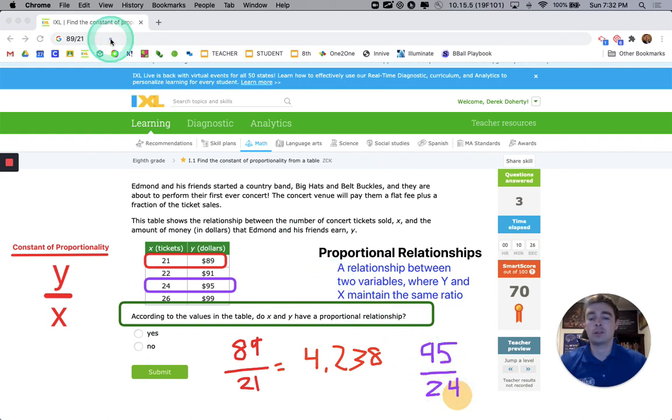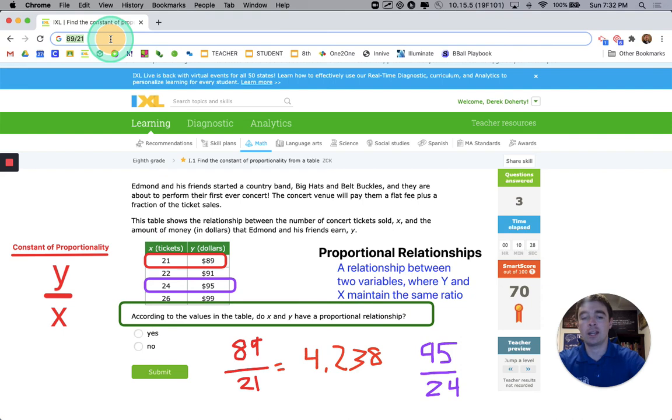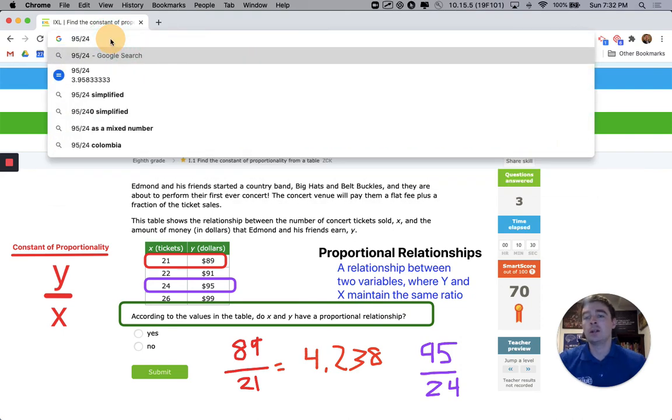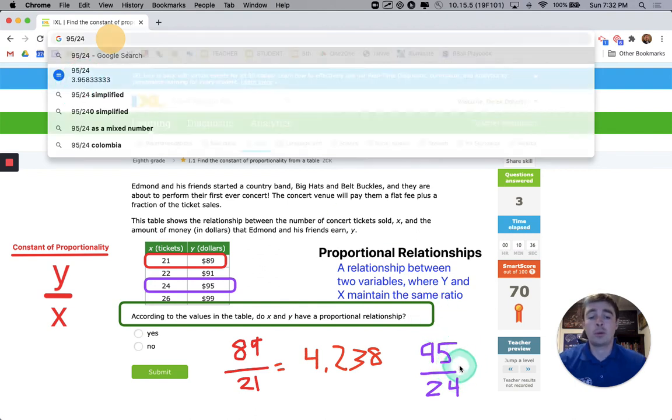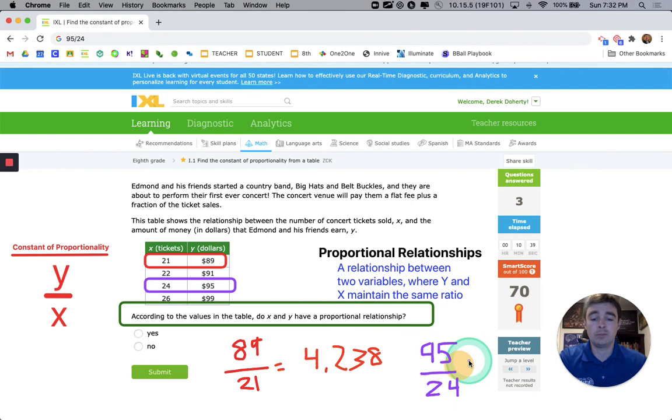And if we have a different ratio than we saw in red, that tells us this is not proportional. I'll go ahead, use my calculator again to get an answer because this is getting messy now. And we see that I get a decimal of 3.958. I'm going to just put 3.9 to make my life a little easier. Because at this point, once I see something that's not 4.238, I know these are different ratios of y to x.